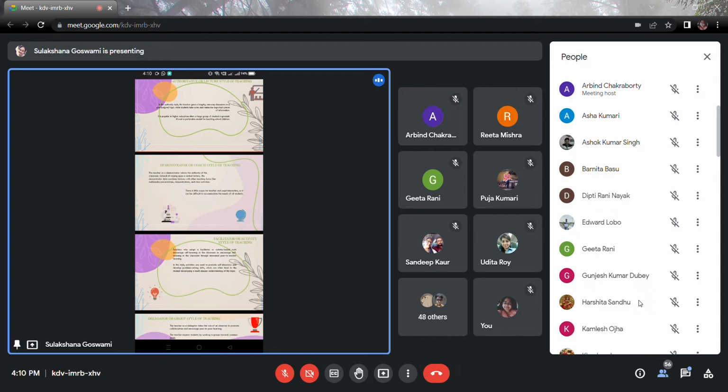Instead of relying upon a verbal lecture, the demonstrator style combines lectures with other teaching forms like multimedia presentations, demonstrations, and class activities. There is little scope for teacher and students to interact, so it can be difficult to accommodate the needs of all students.